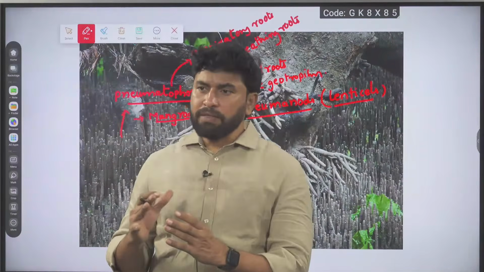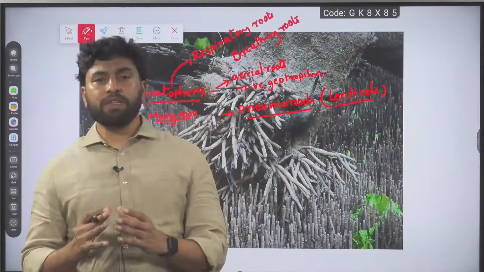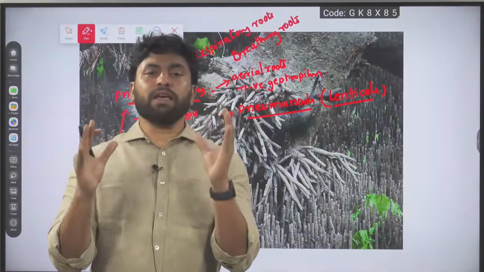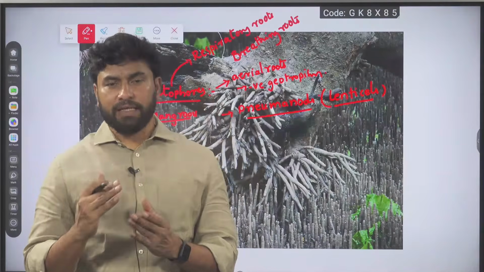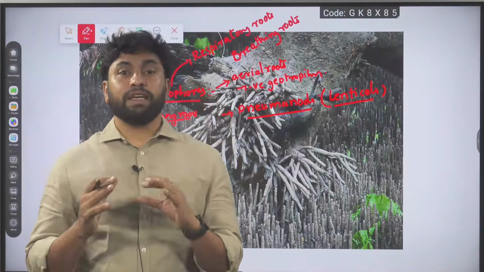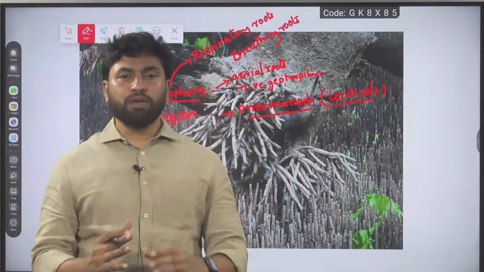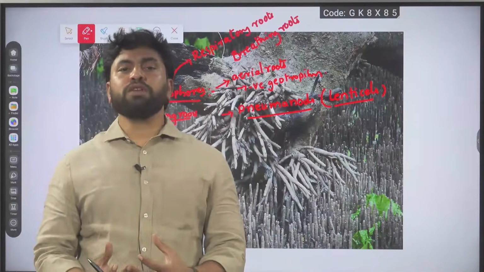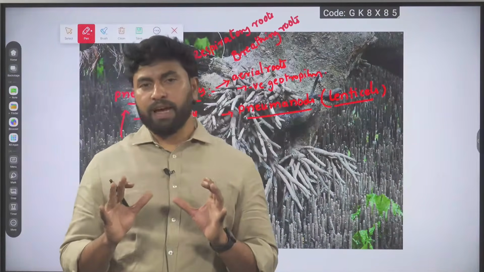At the time of secondary growth, even in the root system, there is a chance for the breakdown of external layers of the root, and there will be a development of cracks. These cracks we call lenticels. So if they mention lenticels are responsible for absorption of oxygen by pneumatophores, that is exactly correct.